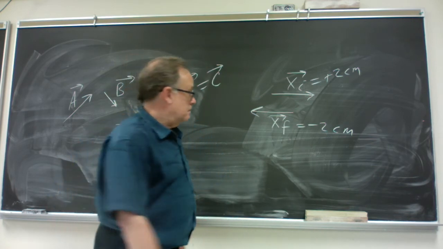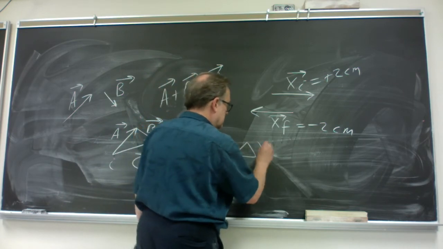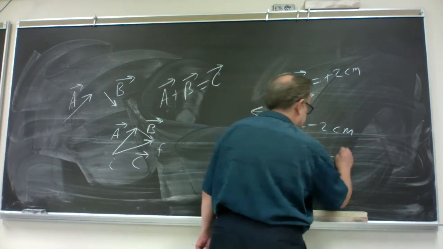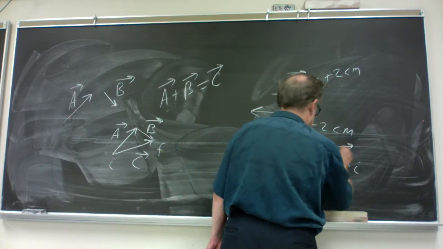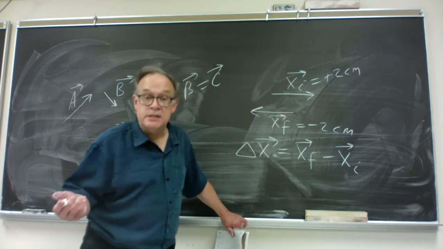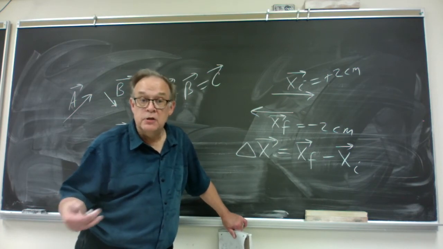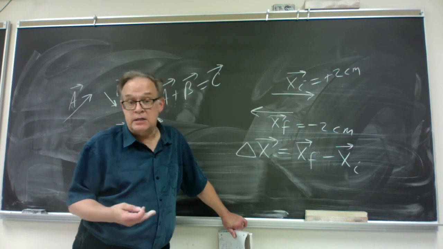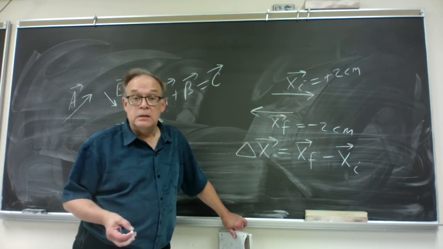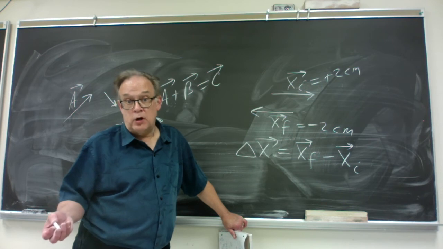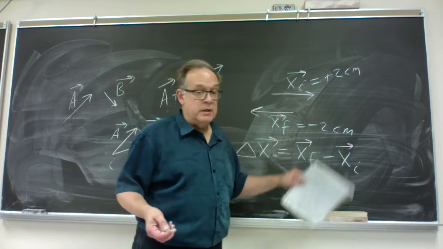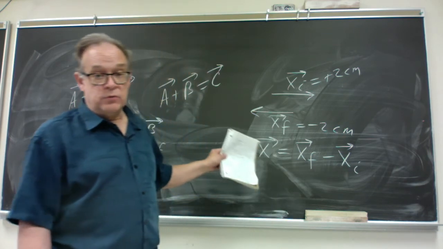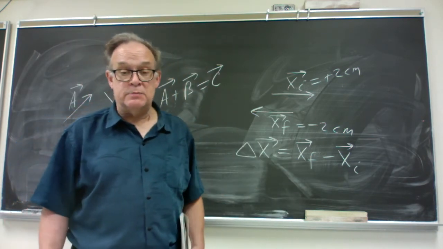Okay, now the displacement is just x final minus x initial. It's a sum of two vectors. So if we want to show how x final and x initial combine to give you the displacement, we're really talking about summing together two vectors to get a net result being delta x, the displacement.